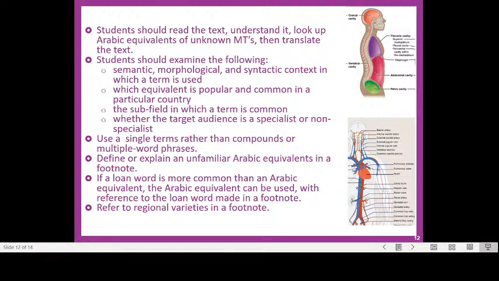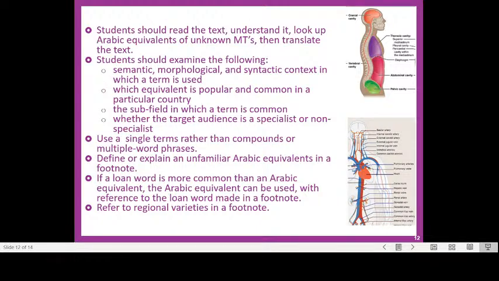And also, I recommend the use of a single term rather than a compound or multiple word phrases. Dictionaries should also define or explain unfamiliar Arabic equivalents in a footnote.